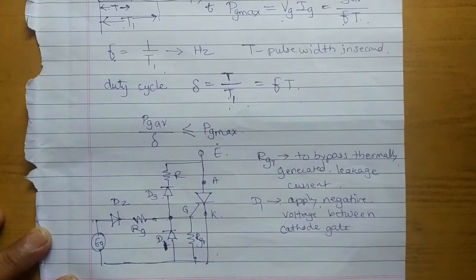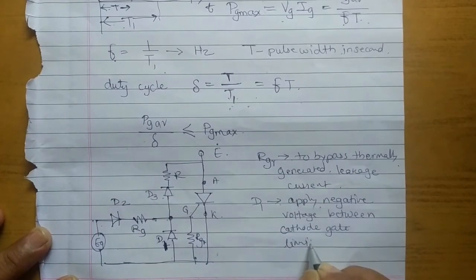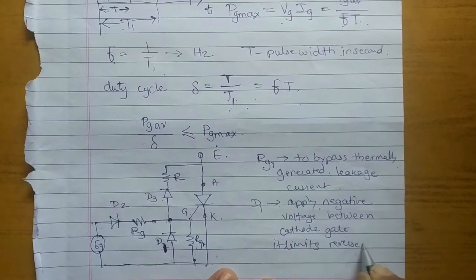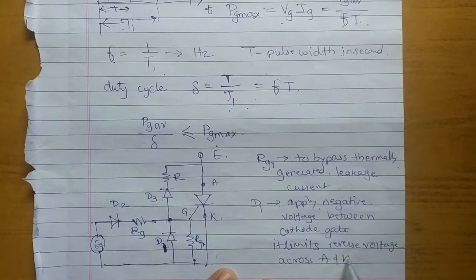It also serves to limit the reverse voltage, because in between cathode and gate there is a reverse voltage, so obviously it limits that reverse voltage across cathode and gate.